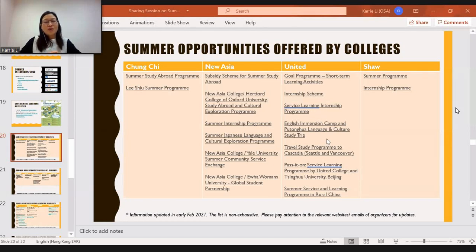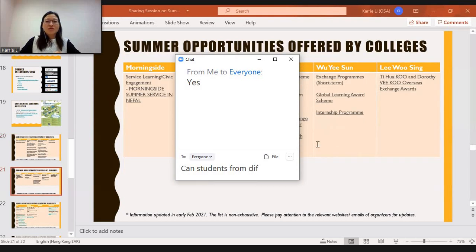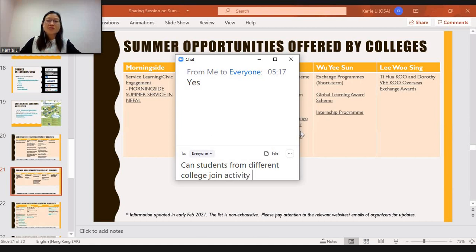For the colleges, there are all kinds of activities we have already mentioned, like study abroad programs, internships, service learning, and travel study. One point I want to draw your attention to is that because most of the colleges encourage students to go on exchange or have some overseas experience, they actually have financial support for their students. So pay attention to these. Maybe you will get some fund support to join some of these programs, okay?